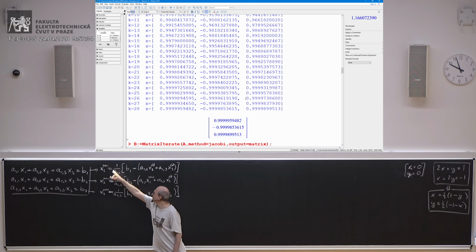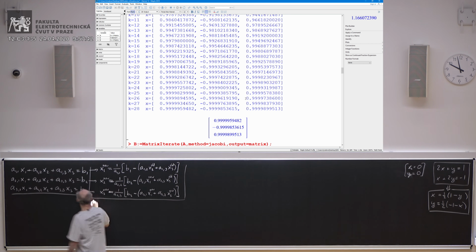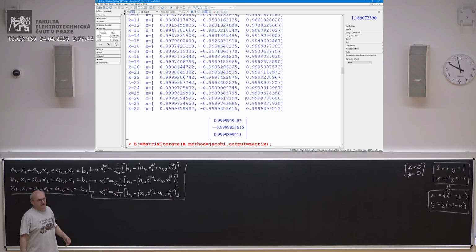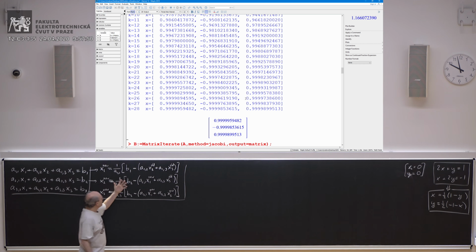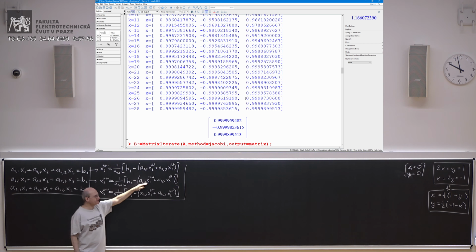For those I have new values, the updated values already available. So I feel that this should be a better idea, a better iteration, because I'm updating all the values as soon as I see them. As soon as I calculate them, I already use them in the new calculation. So I'm sort of skipping ahead.